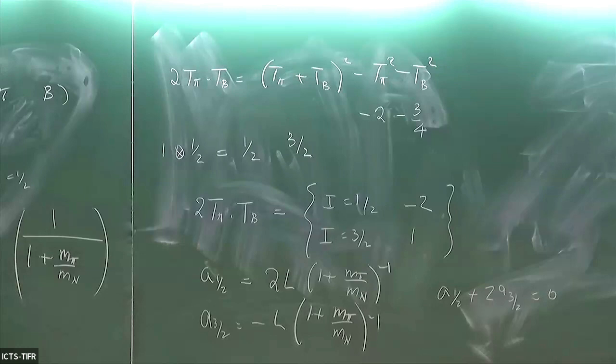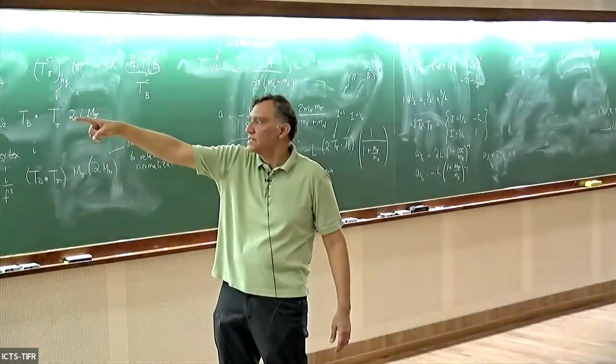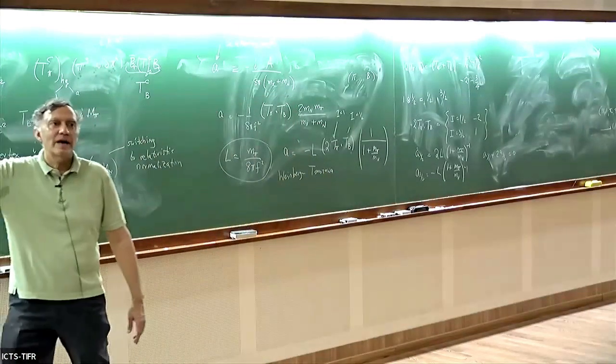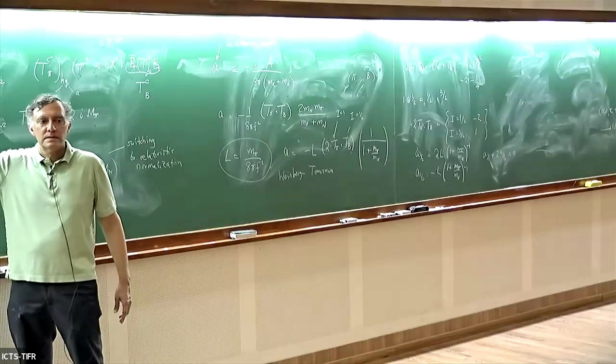No. The V mu is even in pions, because it's a vector, and the A mu is odd in pions. So the V mu term won't contribute to the 3-point function, and the A mu term doesn't contribute to... The V mu term doesn't contribute to the 1 pion. What did I say?